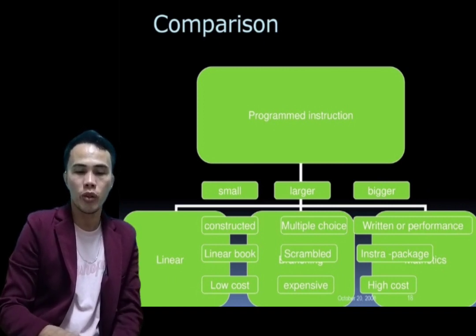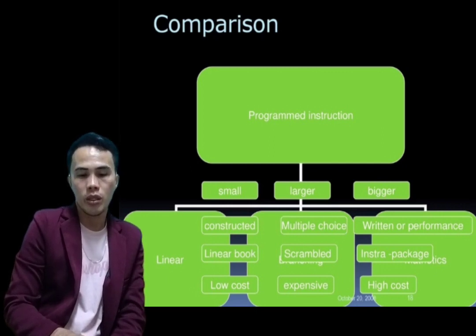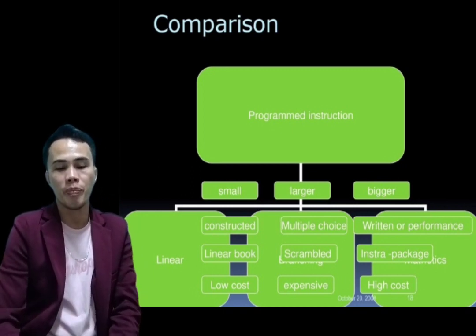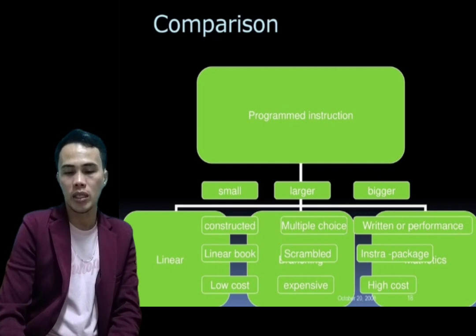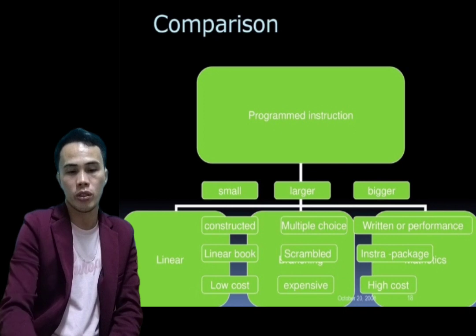In the small program instruction, constructed, linear book, and low cost. Larger, we have multiple choice, scrambled, and expensive. In the bigger, written or performance, and Instra package, and we have the high cost.